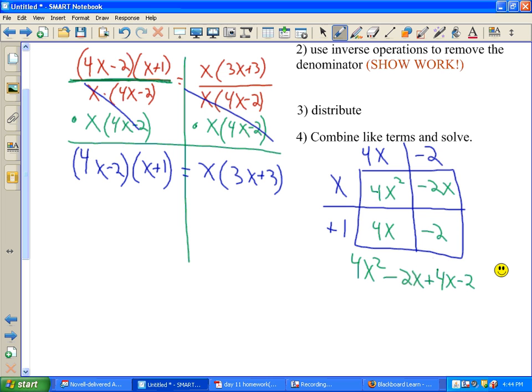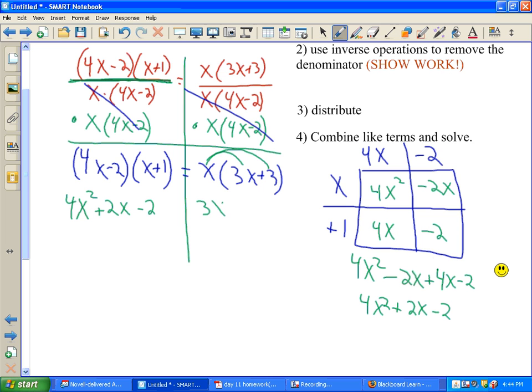Are there any terms that we can combine here? Yes. The minus 2x plus 4x is just plus 2x minus 2. Again, I said that you could have done this mentally, or show your work. This one we're going to do mentally.